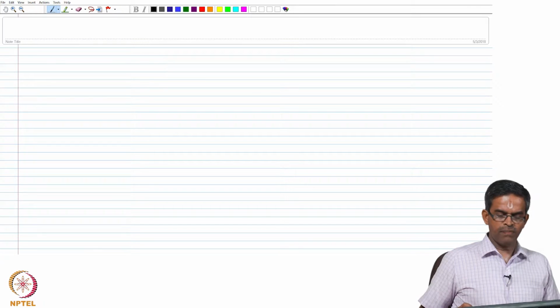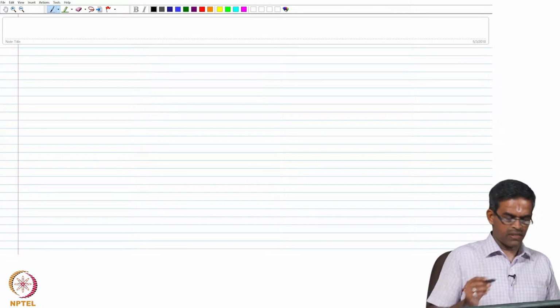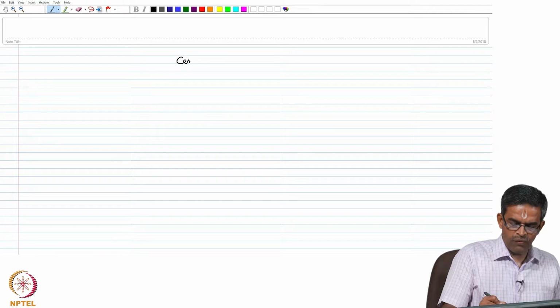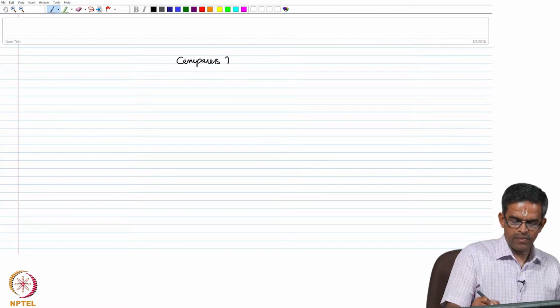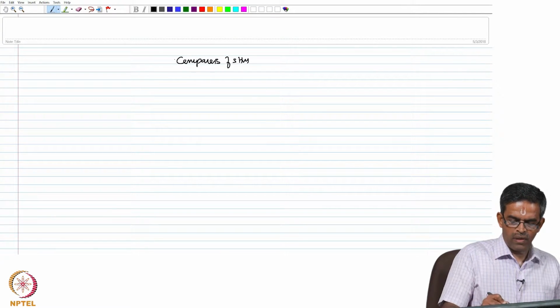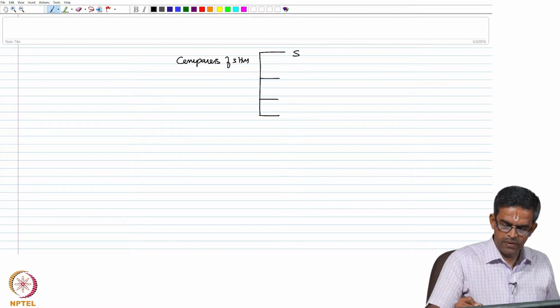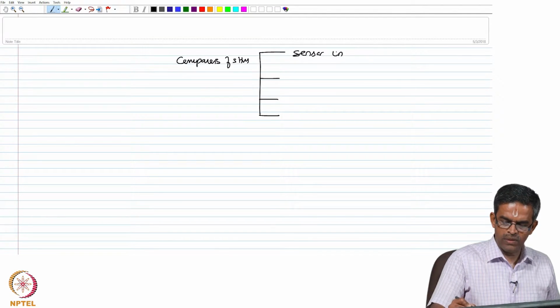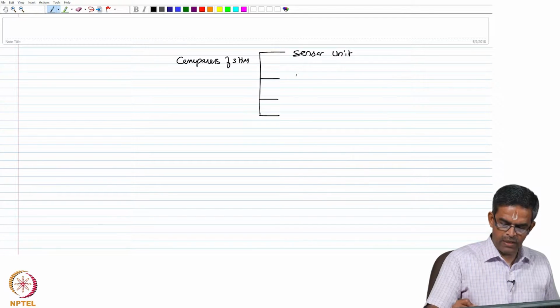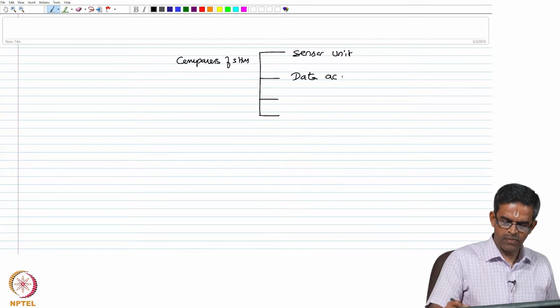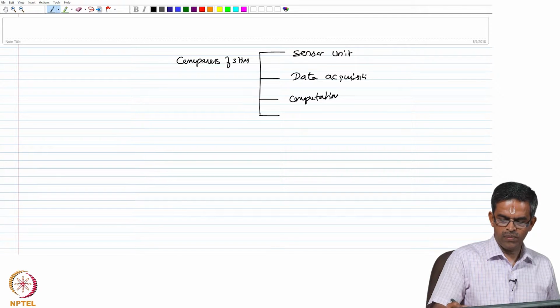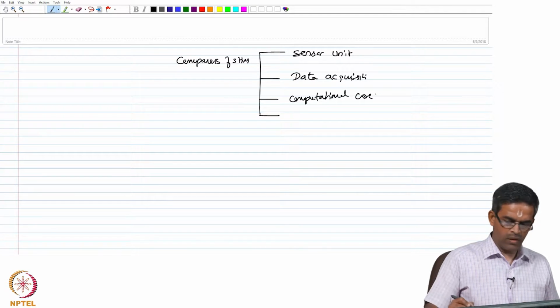Friends, if you recollect, in the previous module one of the lectures, we discussed that components of SHM are essentially of 4, which will be the sensor unit, data acquisition, computational core and communication channel.